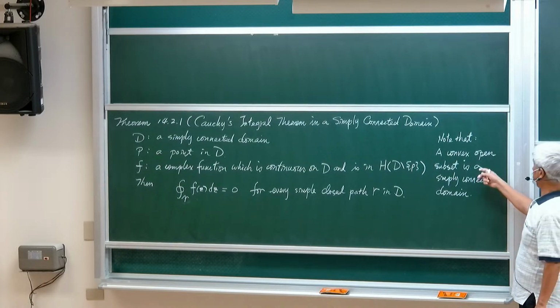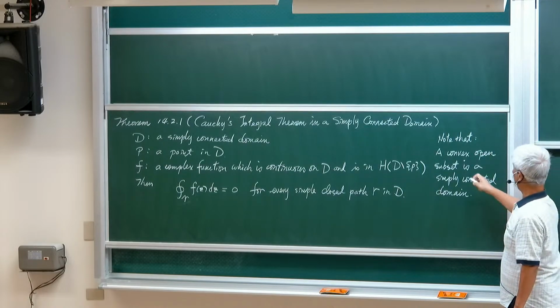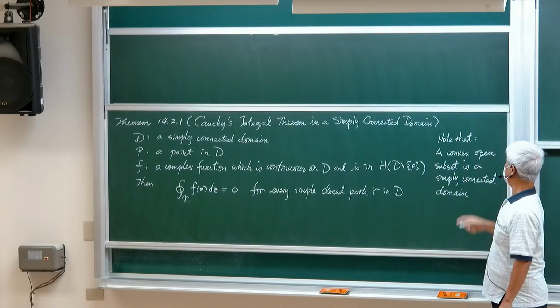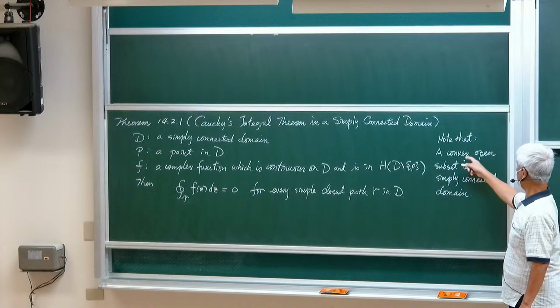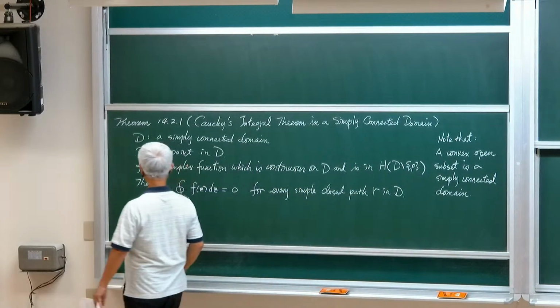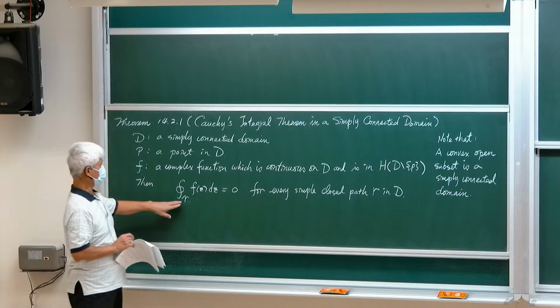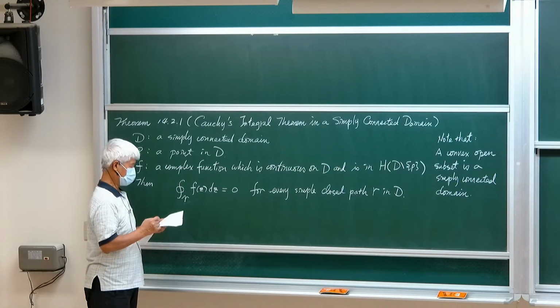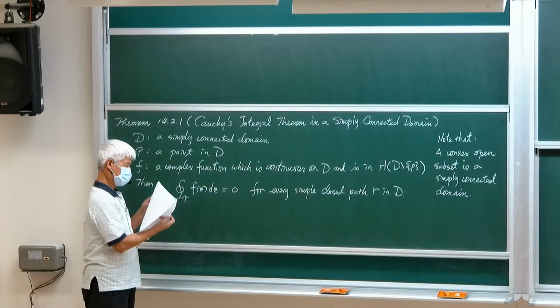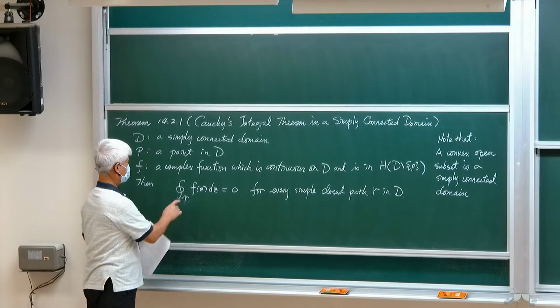And in the Cauchy's integral theorem in a convex open subset, the gamma here can be any closed path, not necessarily simple.